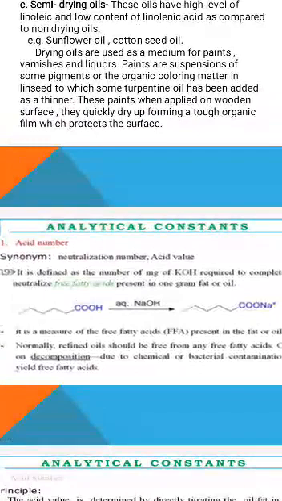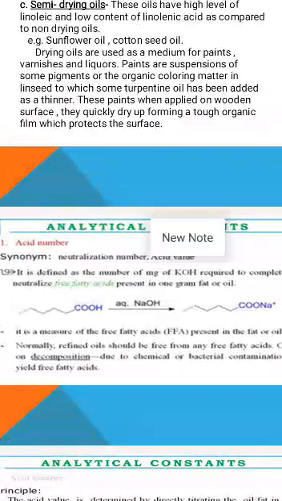To this oil we may add a thinner like turpentine to avoid oxidation or to make the paint thin. When these paints are applied on a wooden surface or on a wall, they quickly dry up, forming a tough organic coating and protecting that surface.